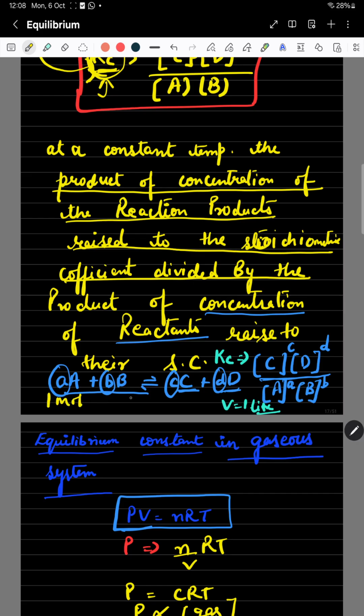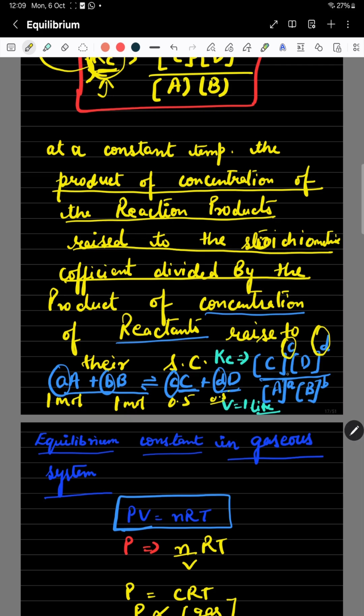Suppose you have 1 mole and 0.5 mole of these reactants and products. Now here the equilibrium constant is defined as product concentration upon reactant concentration. Product concentration is what? C to the power c.